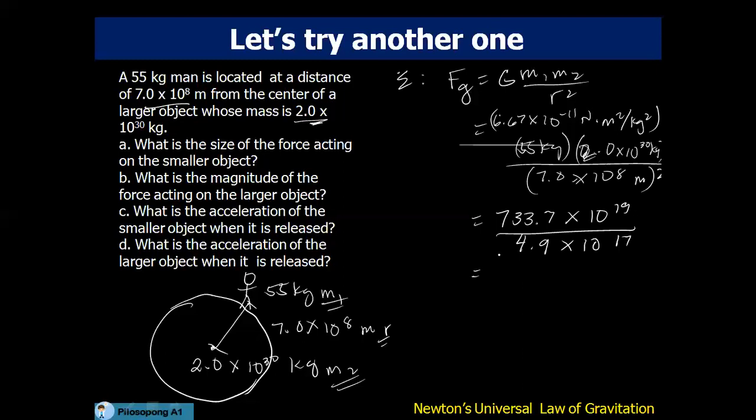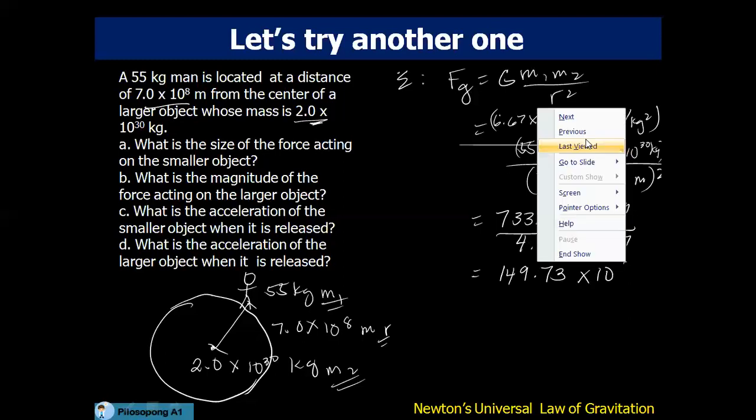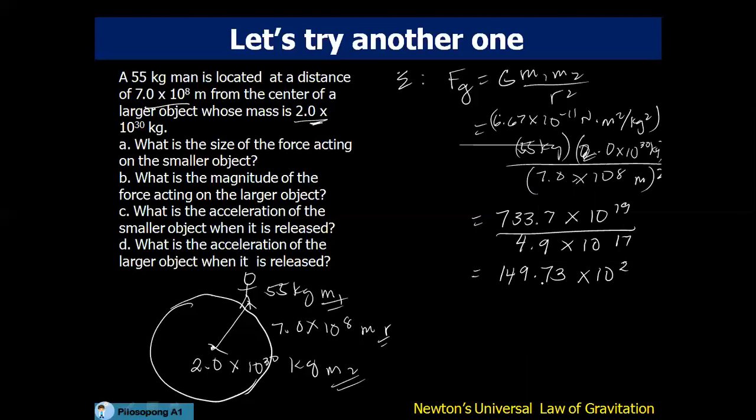Dividing it, we get an answer of 149.73 times 10 raised to 2. So we can convert it into standard notation. Since it is just a small number, we'll have 14,973 newtons.